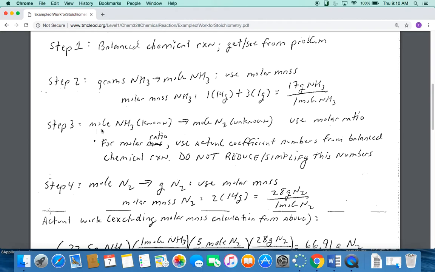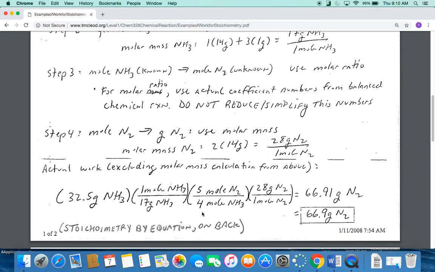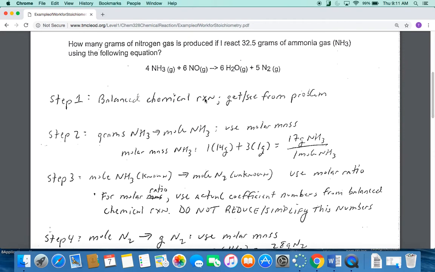This is the new thing, this one right here. You want to go from the moles of NH3 to the moles of N2. You have to set up the right molar ratio. It is exactly what it says. It's right here. It's a molar ratio. You're trying to get rid of moles of NH3 and you want to go to moles of N2. This 5 and 4 comes directly from the balanced chemical reaction.